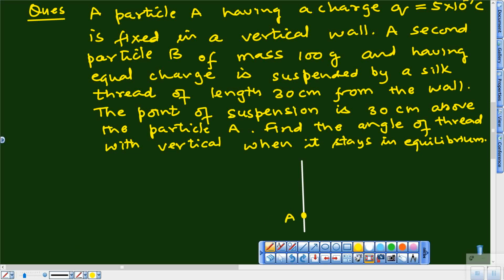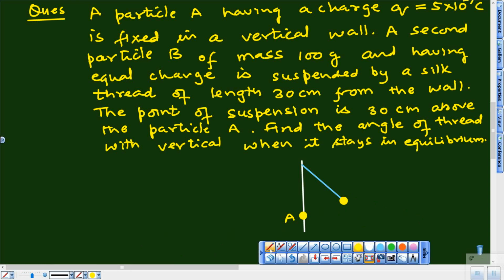This is the charge A, and another charge is suspended by an insulating string, and we have this charge which is identical to the previous one.